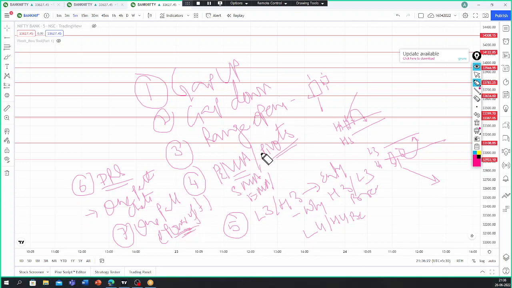Any other area you want to cover? Like one is gap up, one is gap down, one is range opening, then moving average with pivots and L3, H4, and these two patterns. Any other? H5 and L5, right?